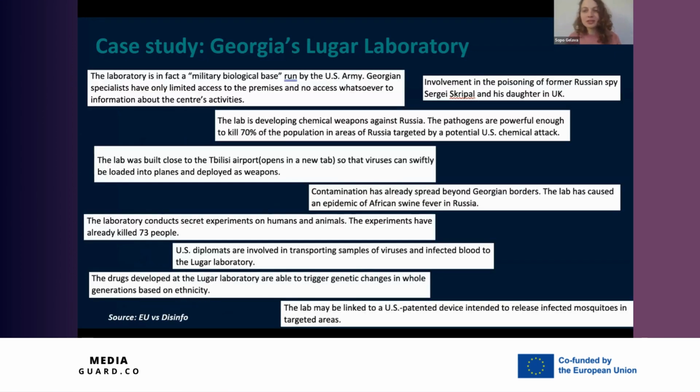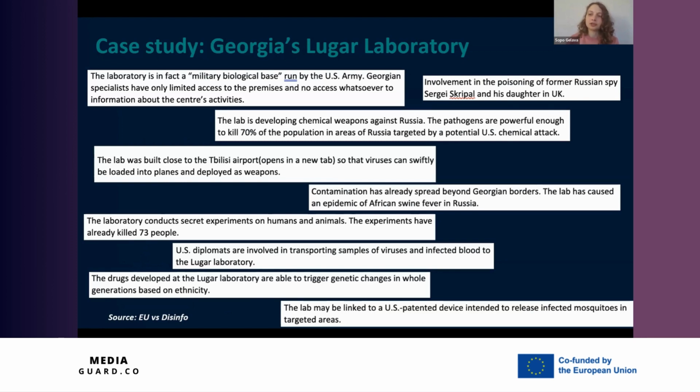So these are some of the examples of the narratives about the Lugar Lab. Of course, it's a years-long, very consistent information operation targeting Georgia. The Lugar Lab was also hacked and some of the documents were leaked. One of the tactics of document leaks and hacking is also to create forged documents, in attempts to prove the claim.